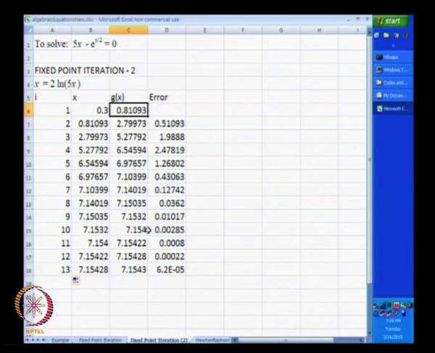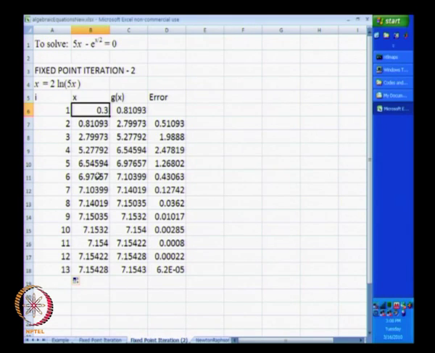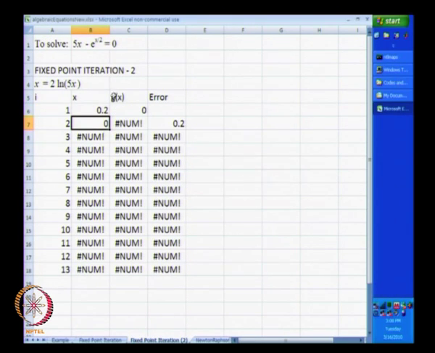Okay. And so if let us say we start with a very low value, let us say we start with a value of say 0.2, what is going to happen in this case? If we start with a value of 0.2, the g of x that we will get is equal to 0, and then log of 0 is not defined, and therefore we cannot continue further.